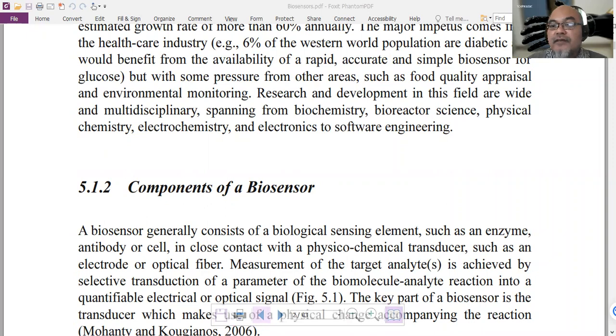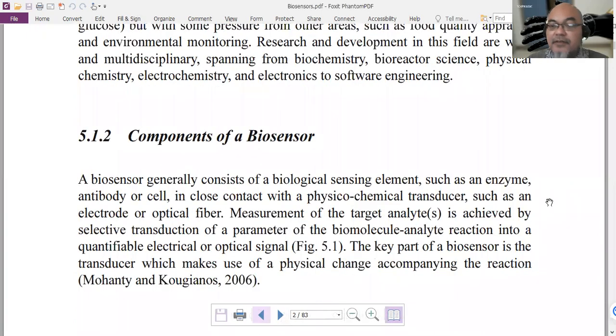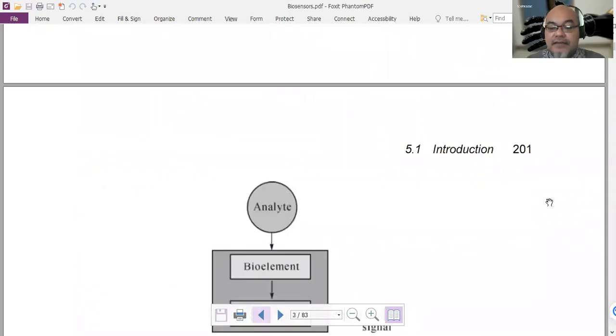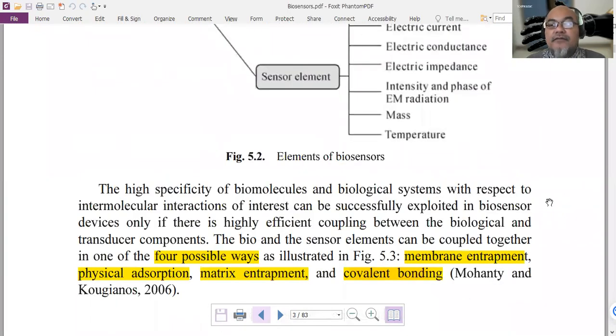We'll continue what we have discussed last week, regarding biosensors. So we have discussed the components of a biosensor. Then we have also discussed the different ways of immobilization of the biomolecules onto the surface of the transducer, the physical transducer element.